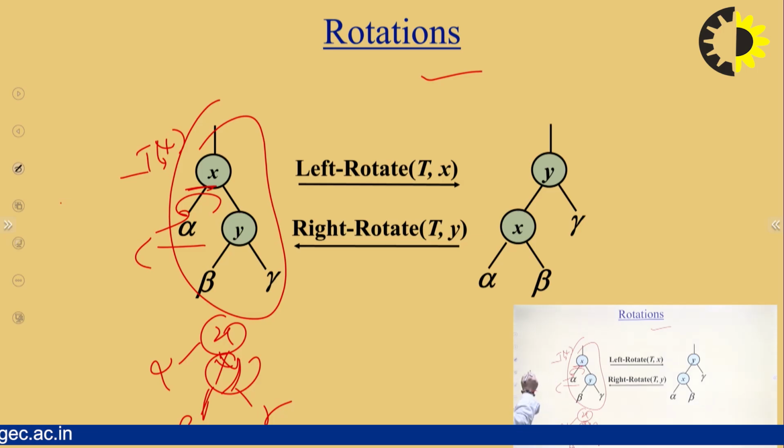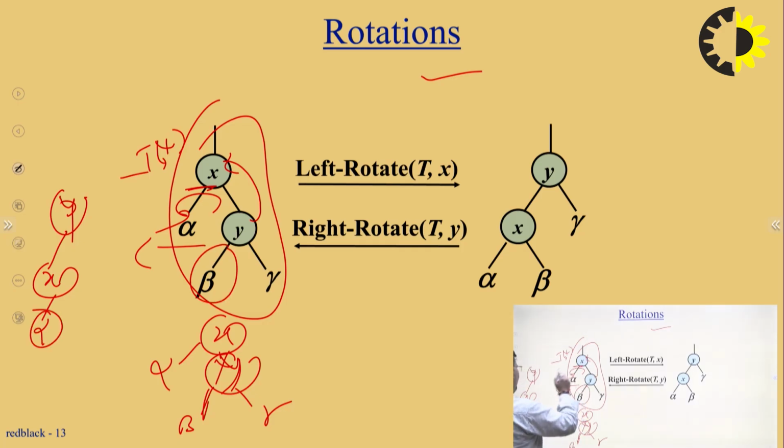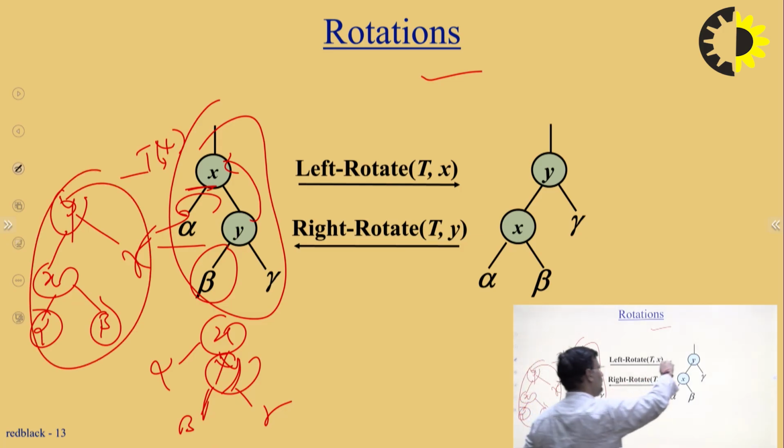Then y will be placed in the position of x, and x will be on the left side. After x, alpha is the left child, and beta will be made the right child of x, and then gamma.